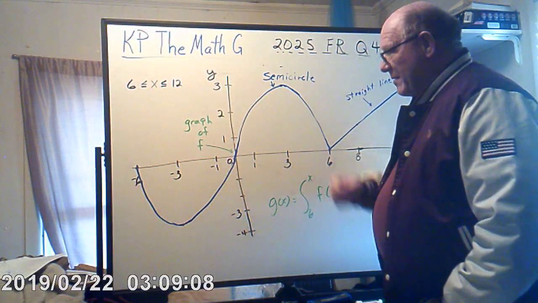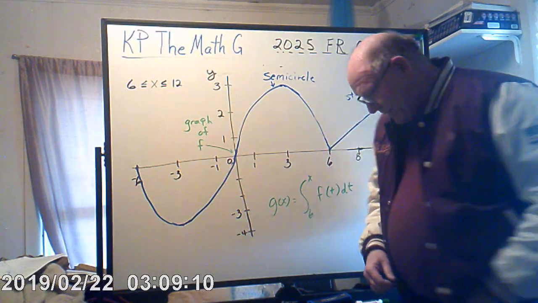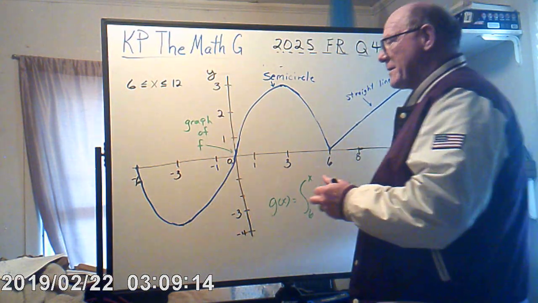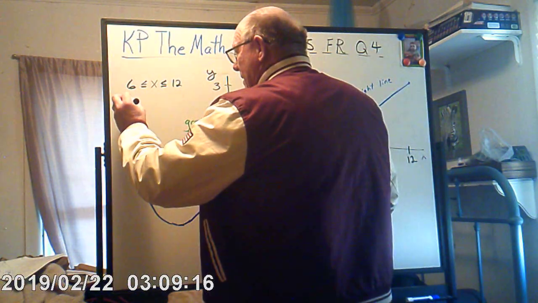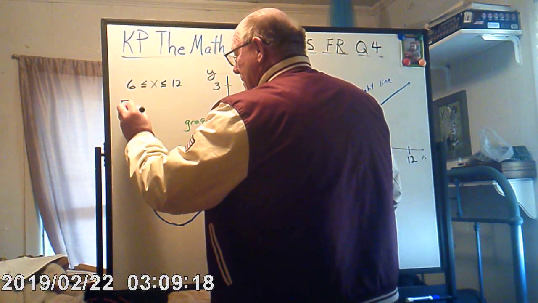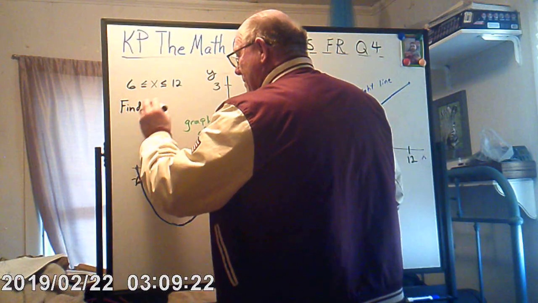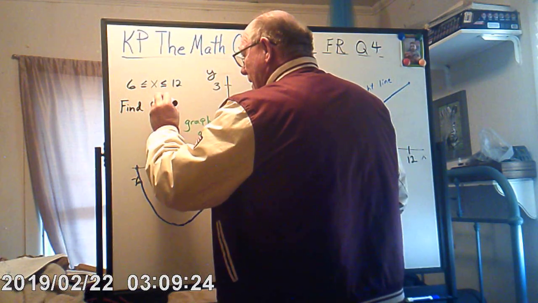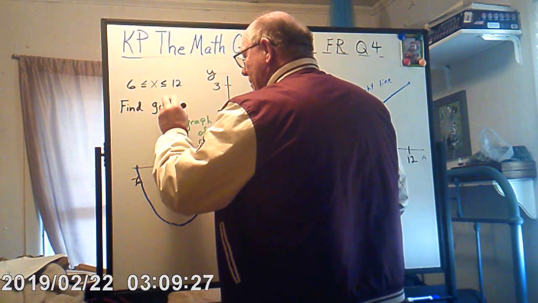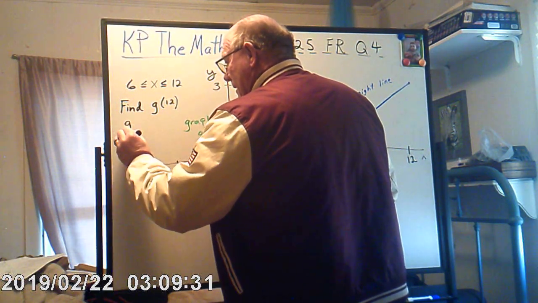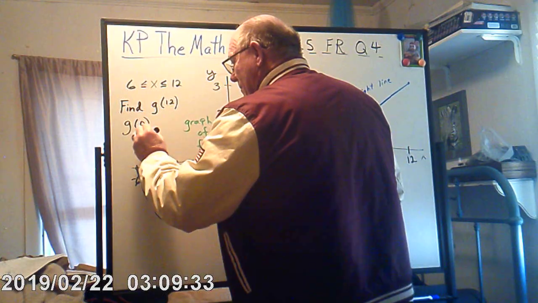Now, part C says this. We'll go find 2 parts. So let's see, find G at 12, and the other one is G at 0.